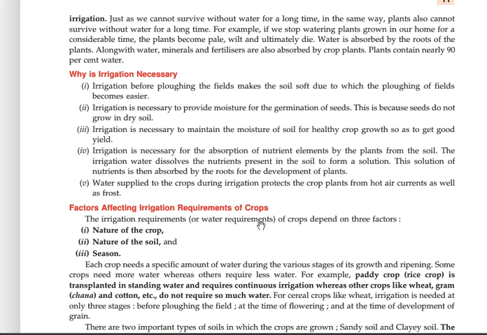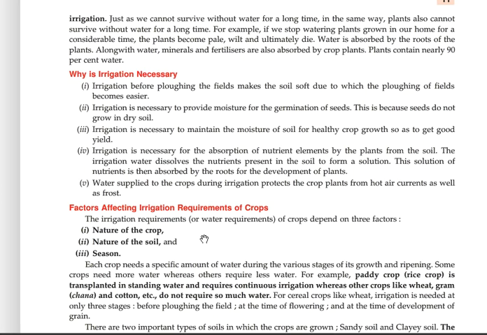Some factors on which irrigation depends, for example, what type of crop you want to cultivate in the field, and that is called nature of crop, and what is the nature of soil, either it is sandy soil, loamy soil, or black soil.